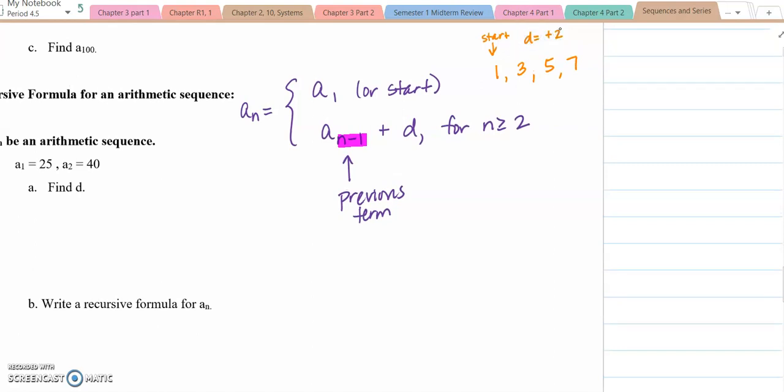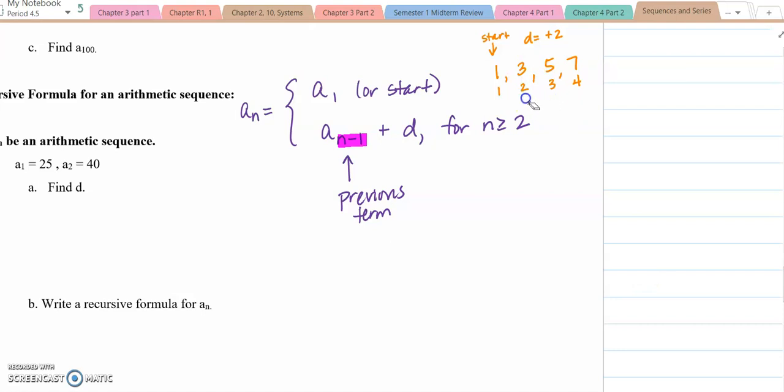And then I can get this term because I know that if I took the previous term and added 2 to it, I would get here. Or I could figure out this term because I know this one and I add 2 to it. So remember that if this is term 1, term 2, term 3, term 4, how can I come up with this number? I can subtract 1 from the next one.